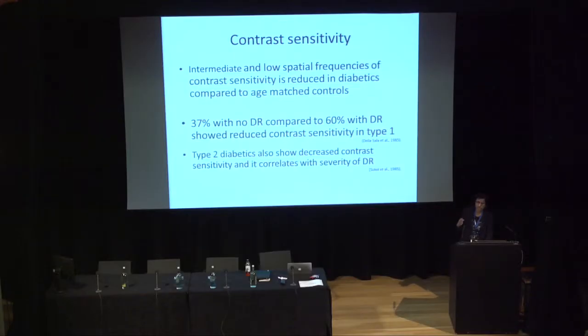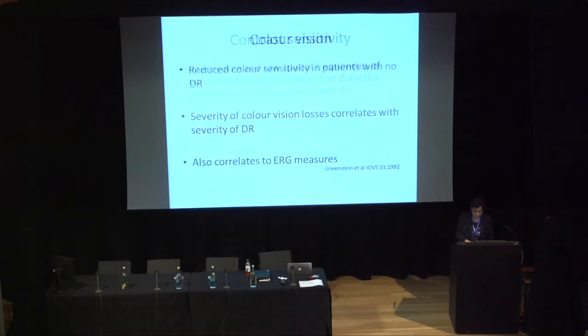And that effect was also shown in another paper in people with type 2 diabetes. So it tells us that contrast sensitivity is affected before the onset of diabetic retinopathy, and it also increases with severity of diabetic retinopathy. Right? So that means visual function is affected before the onset of microvascular changes.